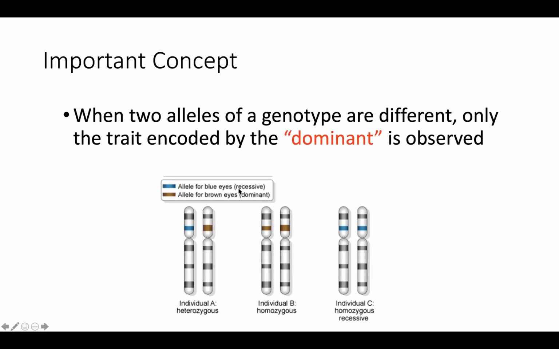Now, blue is recessive, and we clearly said that the only time we are going to see the recessive form of the trait in the phenotype is in the absence of the dominant form. Okay, so because both of these are recessive, this individual would in fact have blue eyes.